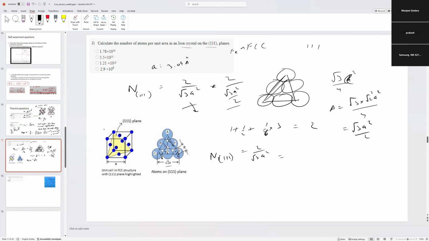If you substitute the value 3.09 into 10 to the power minus 10, squared, this is about 1.21 into 10 to the power 19.